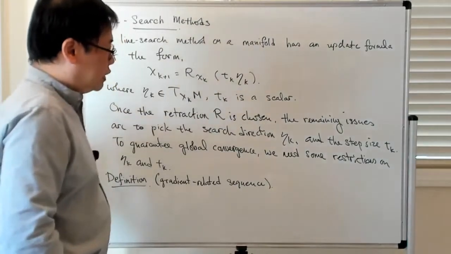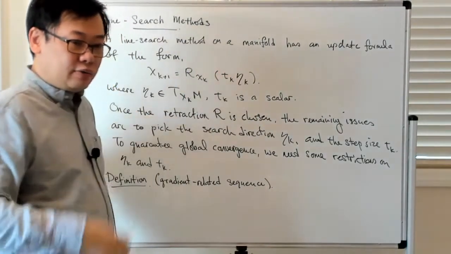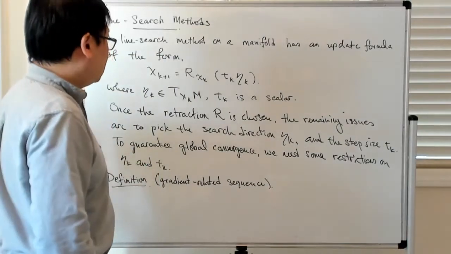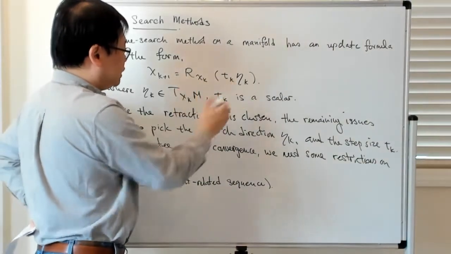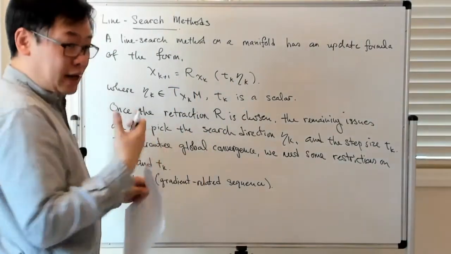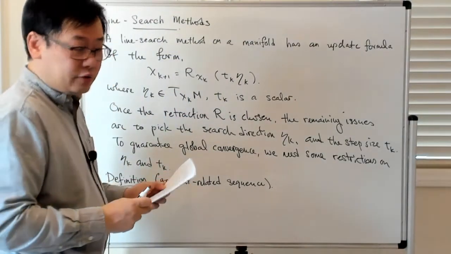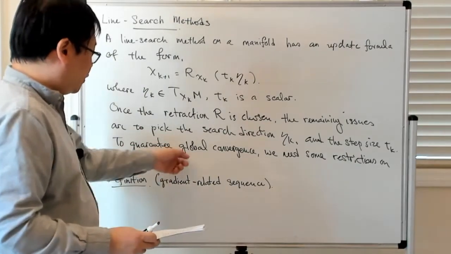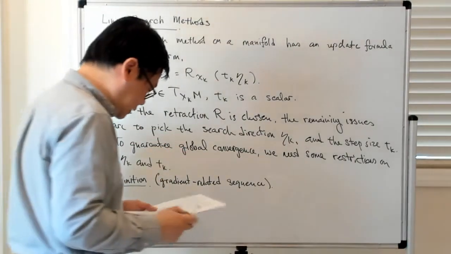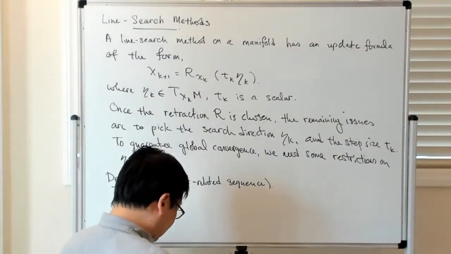The idea is that you want to relax the conditions on each of these individual things, while still allowing you to prove a global convergence result. The goal is that by increasing the design choices you have, you can develop a larger class of algorithms, all with the same provable guarantees on global convergence. So this is the idea of a gradient-related sequence.